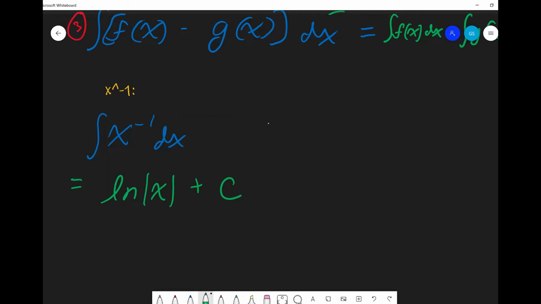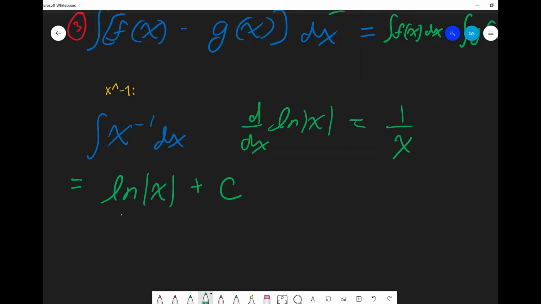If you recall the derivative of something like this, what would you get if you took the natural log of the absolute value of x? If you took the derivative of that, what would you get? Well, you will actually just get 1 over x, right?